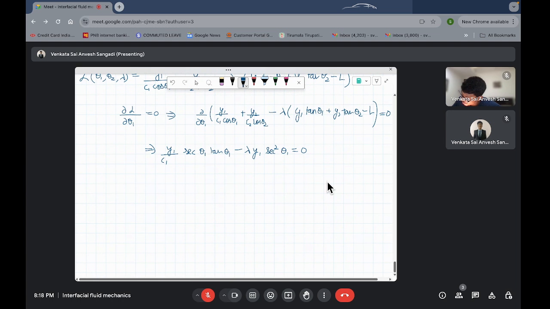Similarly, if we do del L by del theta 2 equal to 0, it will give us y2 by c2 sec theta 2 tan theta 2 minus lambda y2 sec square theta 2 equal to 0.